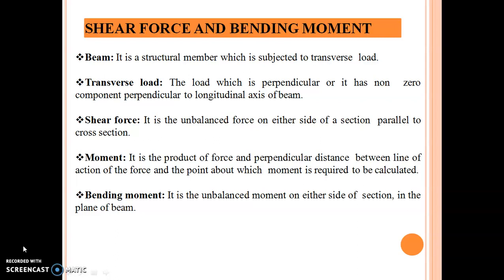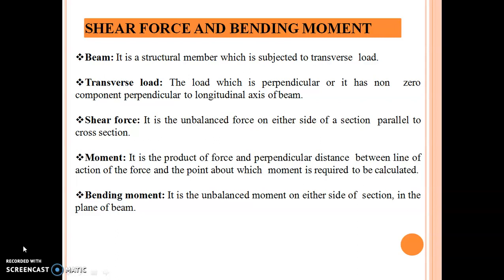Now we will discuss a few basic definitions of the shear force and bending moment diagram. What is a beam? A beam is a horizontal structural member which carries a transverse load. What is a transverse load?